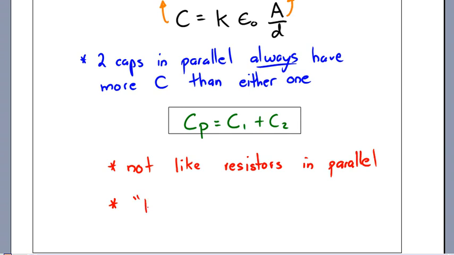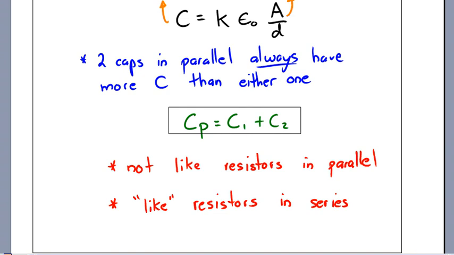So this is, air quotes here, similar to resistors in series. Okay, well that's interesting. Capacitors in parallel behave like resistors in series. I think I know what's coming next.